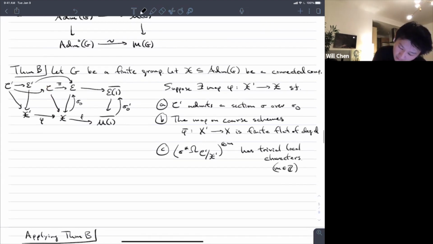And suppose there is a map phi, which is this map, such that C prime admits a section sigma over sigma 0, the 0 section of the elliptic curve.